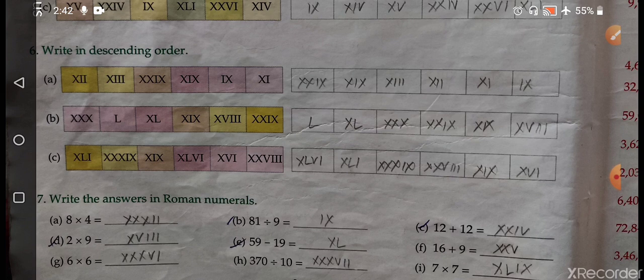But yes, in the copy you are going to write numbers 1 to 50 in Roman numbers in your notebook. And how are you going to do it? Let me show you.